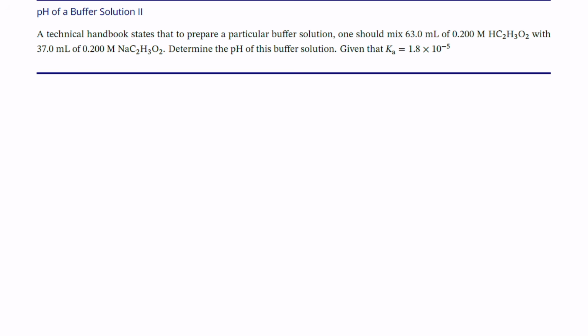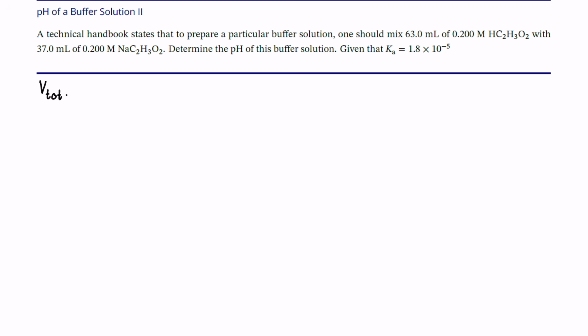To use the Henderson-Hasselbalch equation, we need the pKa, in other words, we need the Ka of the acid, and we also need the base and the acid concentrations in the new solution. But hopefully you recognize that we're mixing two different volumes here, and so those two different volumes imply that we have a solution with a final total volume.